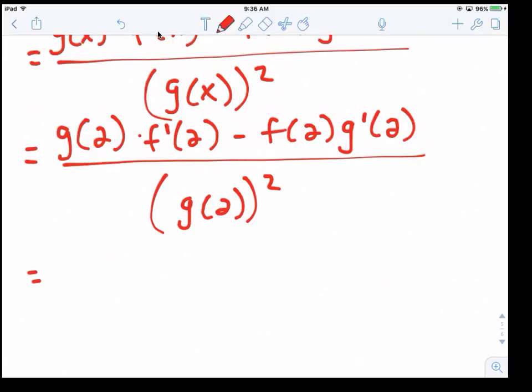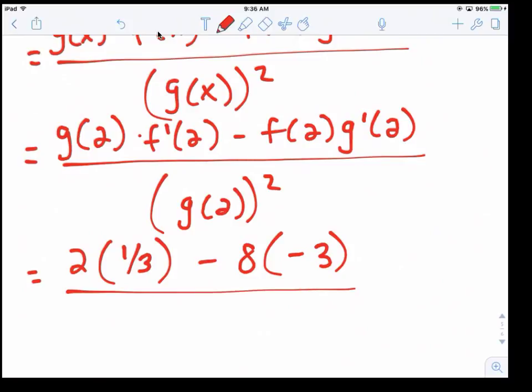So g of 2 is what? G of 2 is 2 times f prime of 2, which is 1/3, minus f of 2, which is 8, times g prime of 2, negative 3.